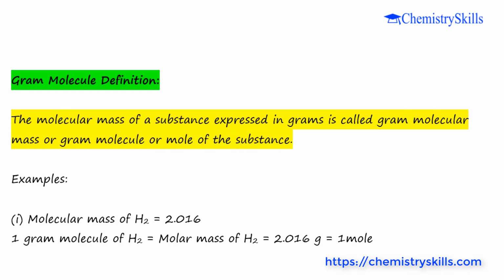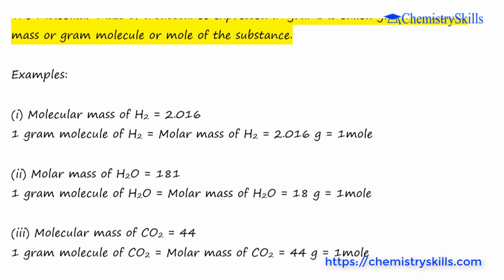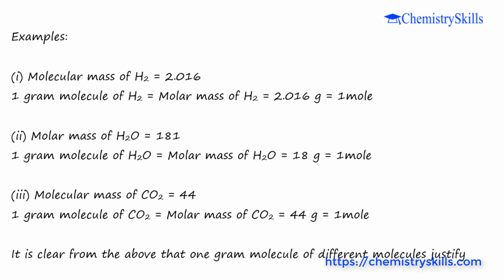Let's take an example here, guys. Very simple. The molecular mass of the hydrogen molecule here, not H single, it is H2, which represents the hydrogen molecule, is 2.016 AMU. So its 1 gram molecule will be equal to 2.016 grams, which is actually equal to 1 mole of hydrogen molecule.